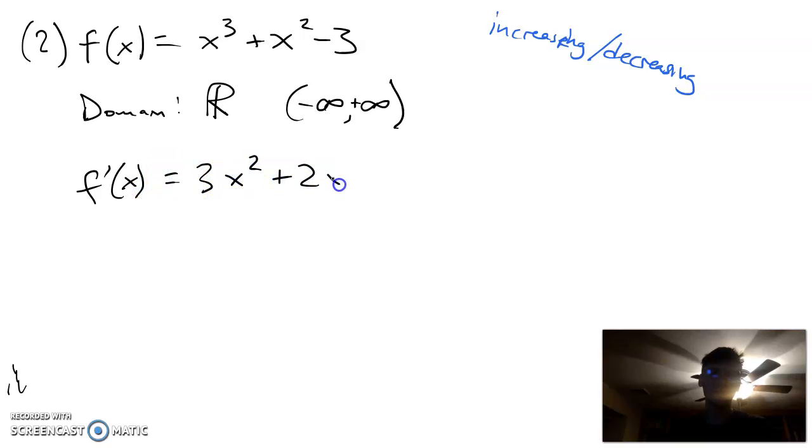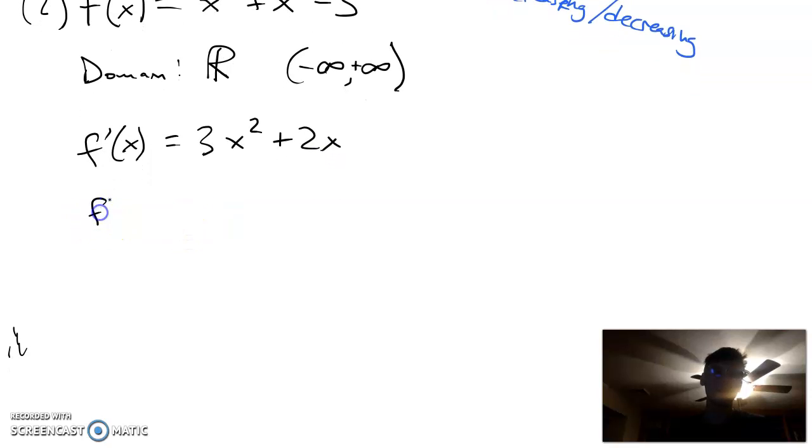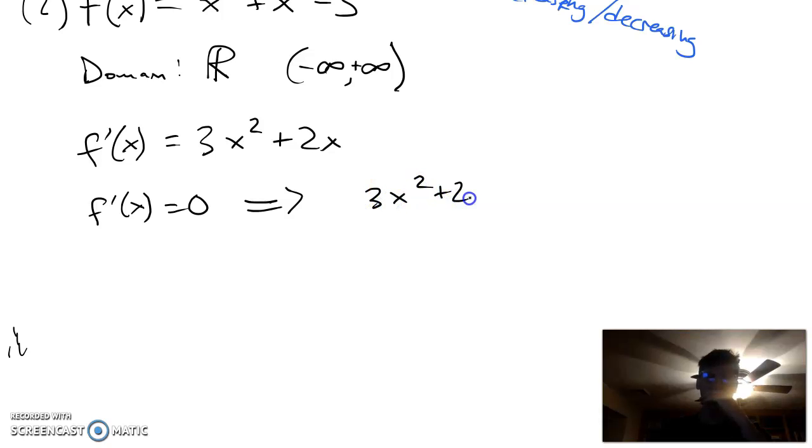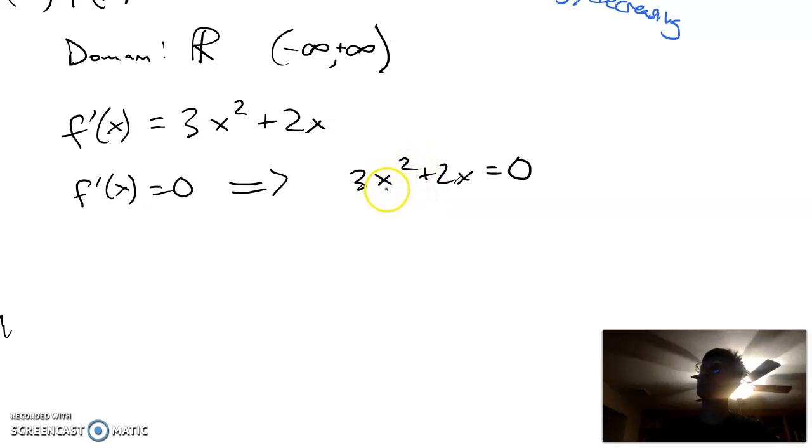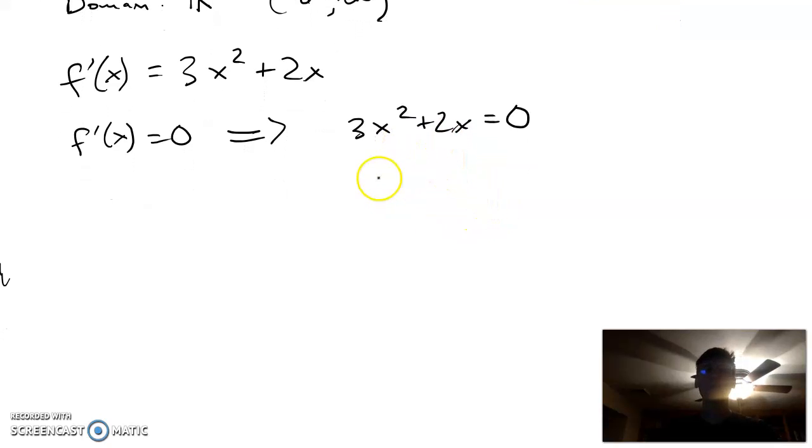This one's not too bad. And we're going to set the derivative equal to 0. So that means we're going to do 3x squared plus 2x equals 0 and find those values where that's 0, because those are the only spots where it can change from increasing to decreasing.